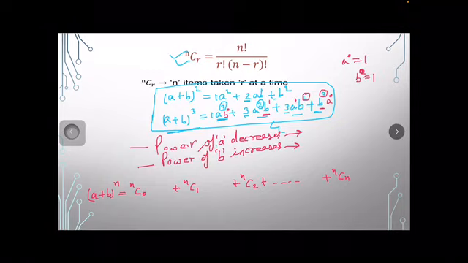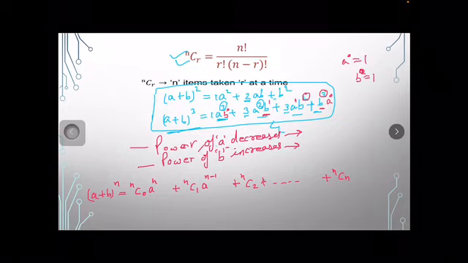Now how can we write the terms of a and b? We know that a decreases, so the first term of a is a raised to the power n. And the second term, because it decreases, is a to the n minus 1.